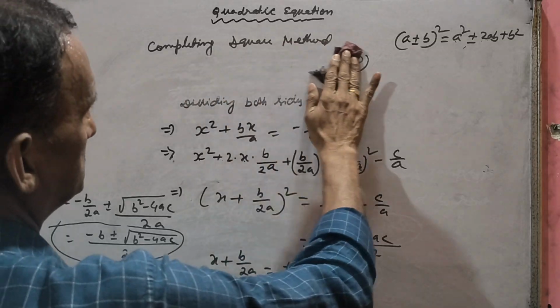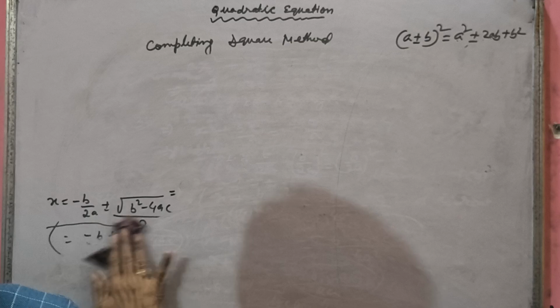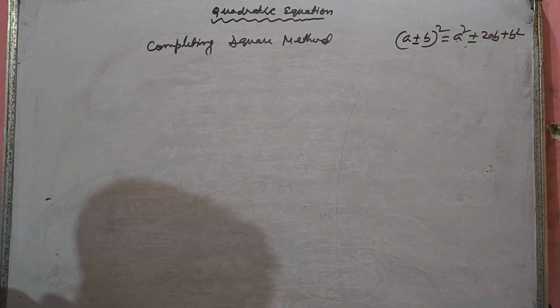We can have at least one example, but any sum can be done by using this. So let us take an example. We will solve any quadratic equation by this method of completing a square. Let me find one sum from the exercise, any suitable sum which can be used.